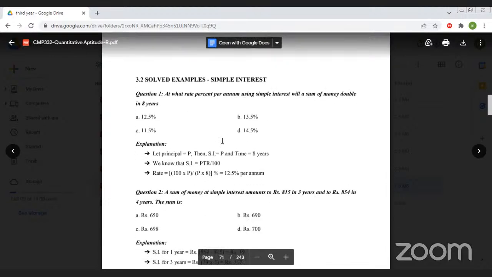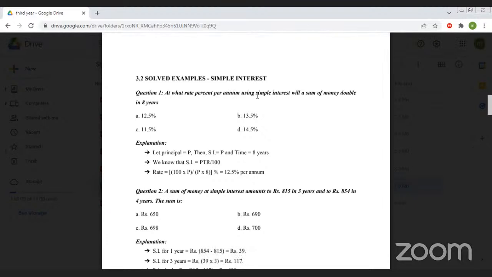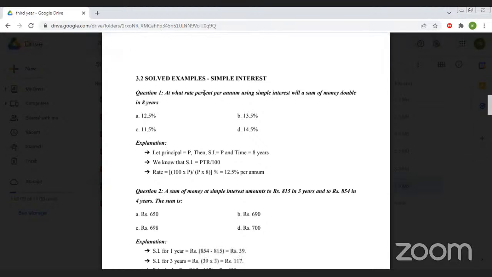Let's see the example. At what rate percent per annum using simple interest will a sum of money double in 8 years? So your time period is 8, and you need to find R, the rate percent, using simple interest.